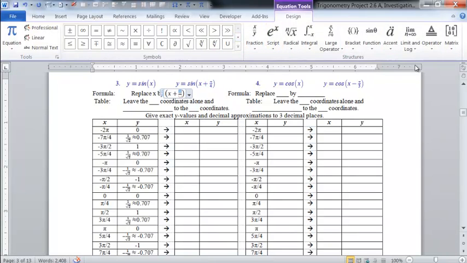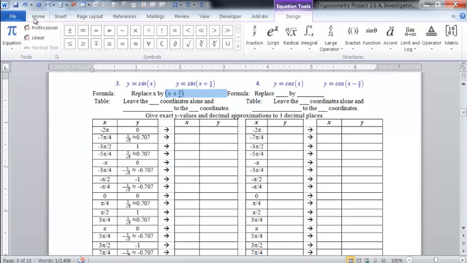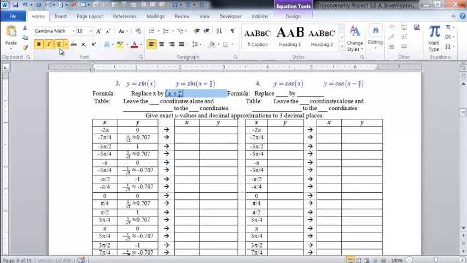Let's see here, where's pi? Here we go, pi, and then this is over 4. Okay? That underline didn't do so well, I'll leave that alone. Okay?